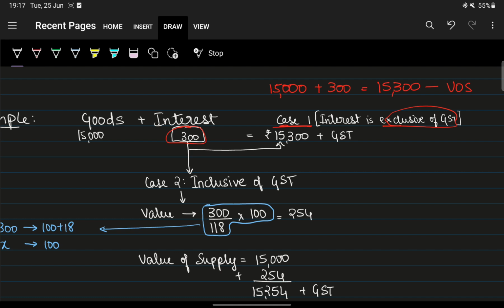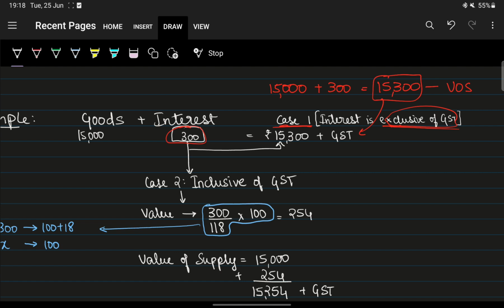Just add the value of goods and the interest, and then on this 15,300, charge your GST. I don't think there should be any doubt in this. Take the value of goods, take the interest, add them together, and on the sum calculate the GST.